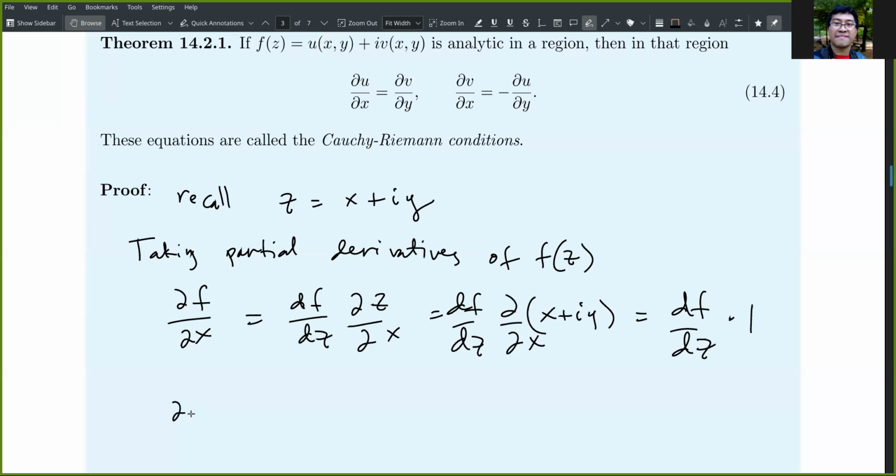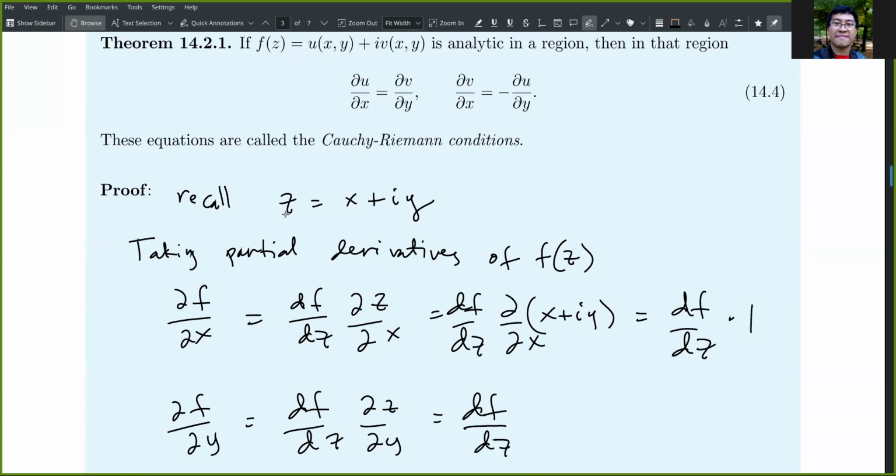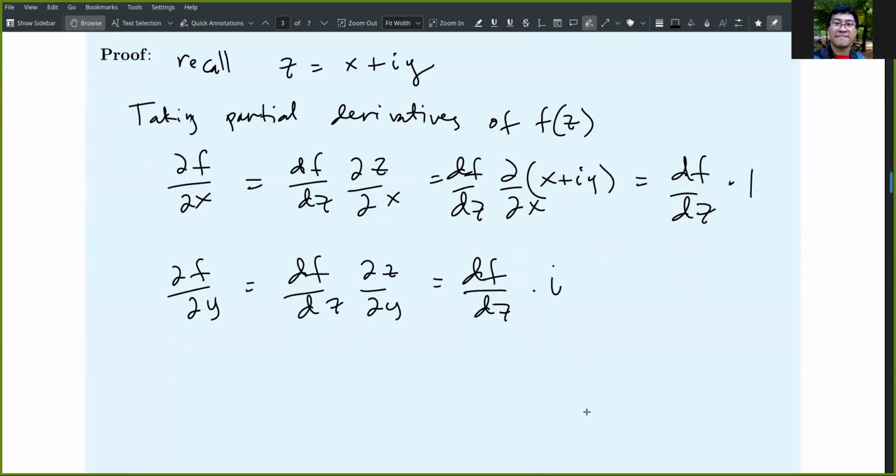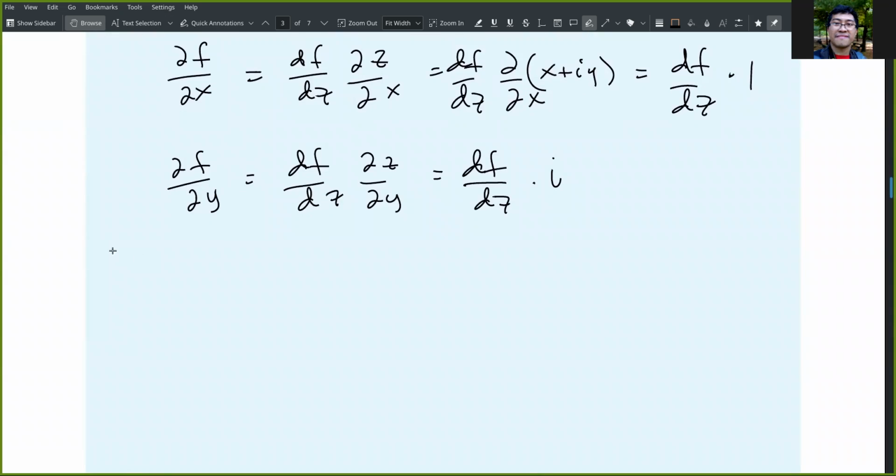And the partial derivative of f with respect to y is df by dz times partial z with respect to y, which equals df by dz times i, since z is right here and we take the partial derivative with respect to y. So using f equal to u plus iv, we take partial derivatives again.